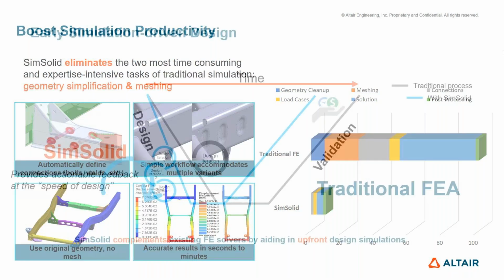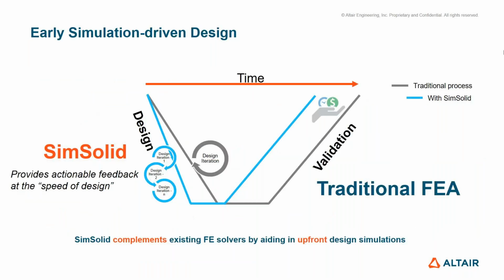Design engineers can do multiple iterations before doing the final FEA validation, so the time consumption for solving the problem will be very minimal. In FEA, it may take 1 hour. You can solve in SimSolid within seconds. So that is the speed of SimSolid.